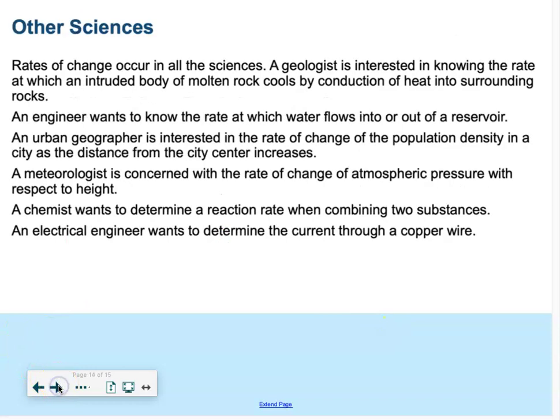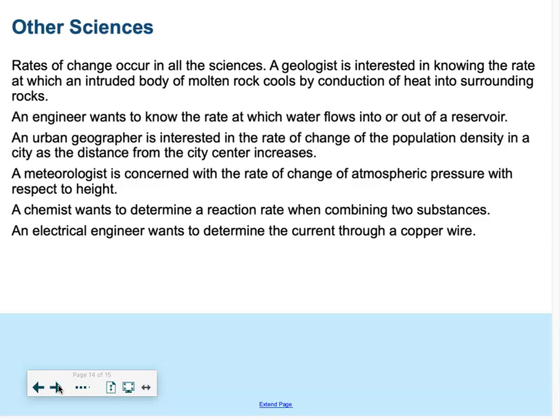So, last one. Okay, we're done. Let me just read this to you. This is just your closing little slide here. Calculus is used in lots of places. We use calculus in all of the sciences. A geologist is interested in knowing the rate at which an intruded body of molten rock cools by conduction of heat into the surrounding rocks.